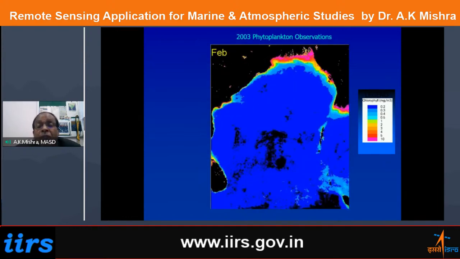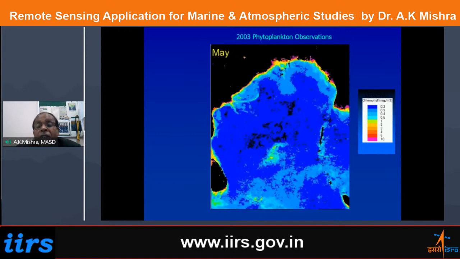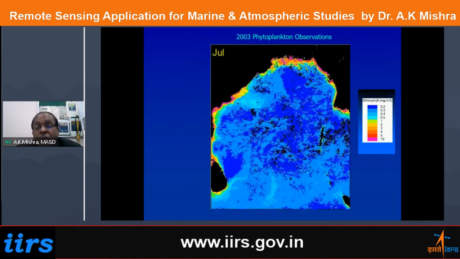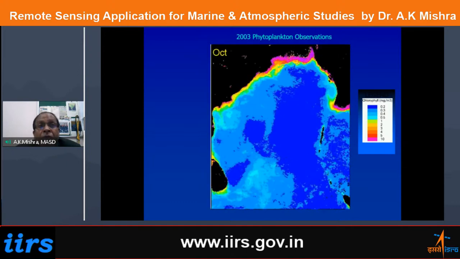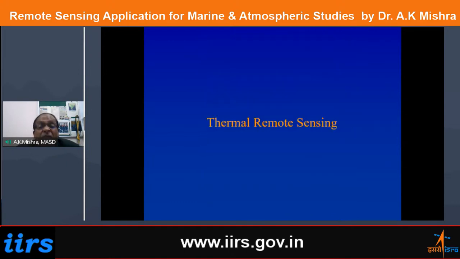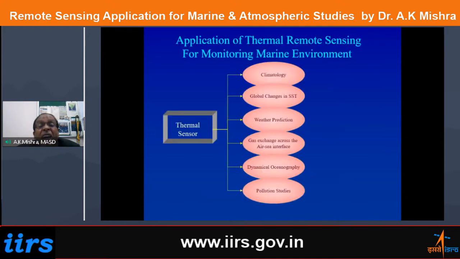means phytoplankton concentration and open ocean phytoplankton concentration from January to December. Then coming to the thermal remote sensing, these are the applications of thermal remote sensing, and you can study the climatology and global change in SST, weather prediction, gas exchange across the air-sea interface, and dynamical oceanography and pollution studies.